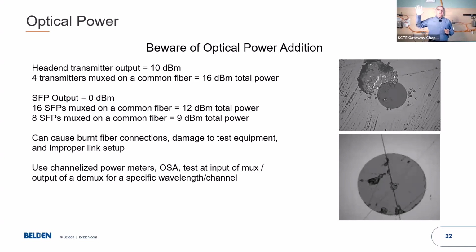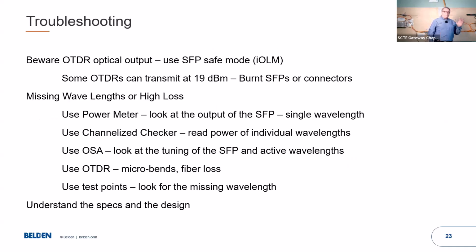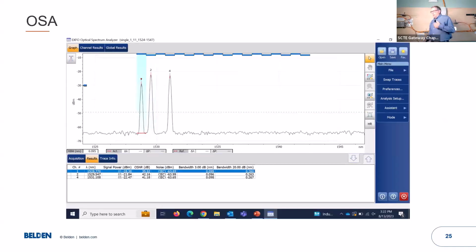Nodes were proofed and balanced and everything was working. But they forgot to get their link losses. So they were sent out to go to each node in the field and shoot back to the head end to document their link losses.